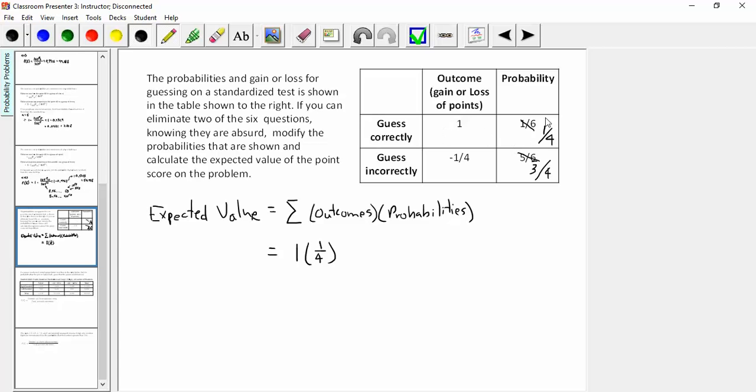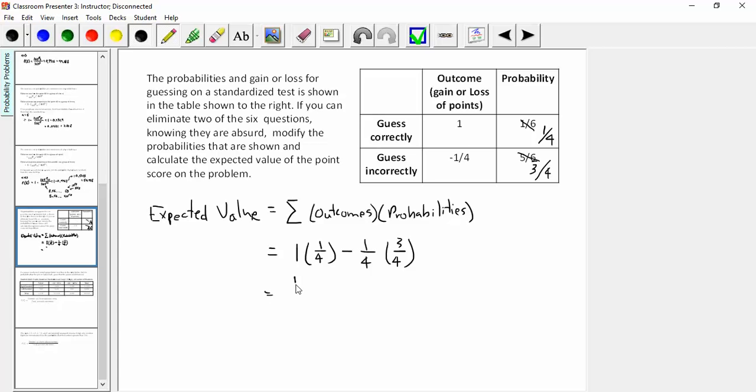That's if we guess correctly. But then we got this incorrect guess, so we're going to subtract, because it's a negative 1/4. Its outcome is 1/4, and its probability is 3/4. Some of us weren't sure about this minus sign, but when we're losing something, like losing money in the stock market or on the sale of something, we subtract that one.